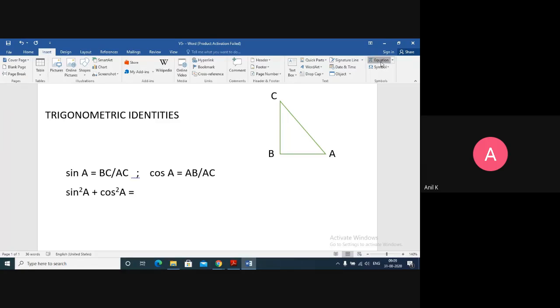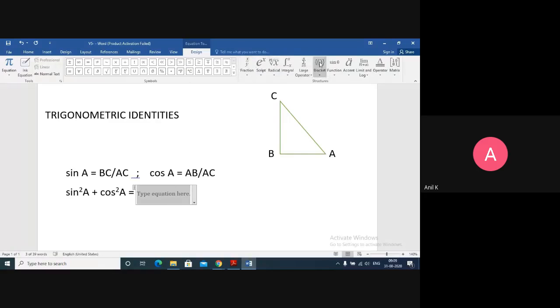Sin square A plus cos square A is, let me substitute the values. So here I'll put the bracket. Now the sin A value we have is BC upon AC, so I'll write BC upon AC whole square.